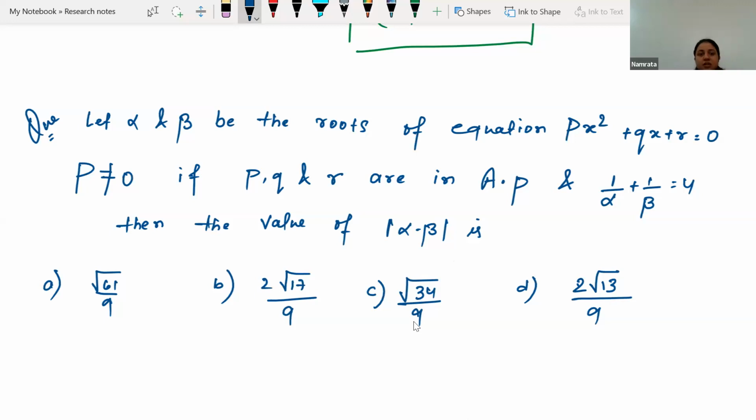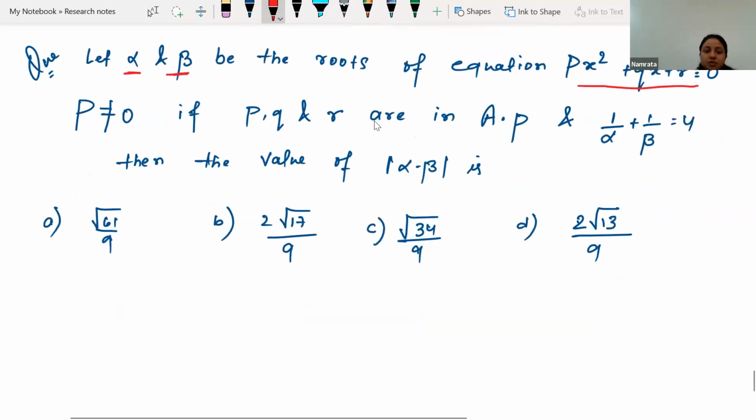Yeah, so these are the given information. Here it says alpha and beta are the roots of this equation. So since we know alpha and beta are the roots of the equation, we can find the sum of the roots and the product of the roots, right?